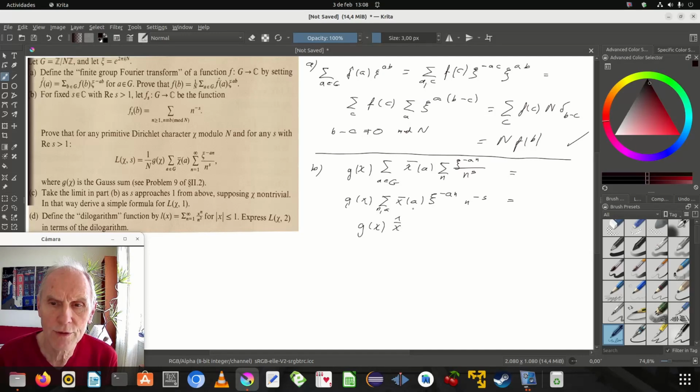And the Fourier transform of, or maybe, oh, I don't know. Then we have to take this into account.